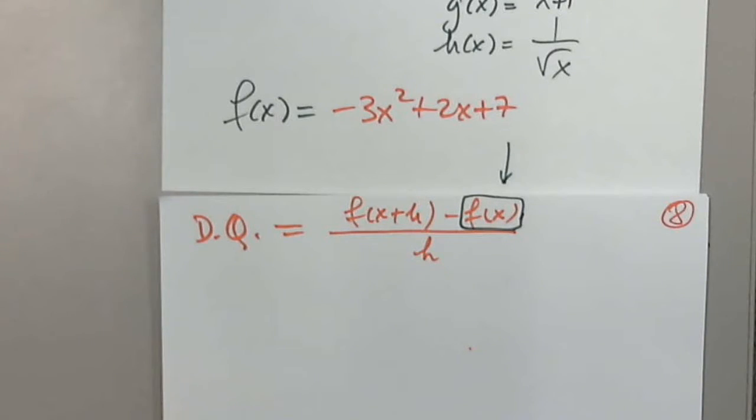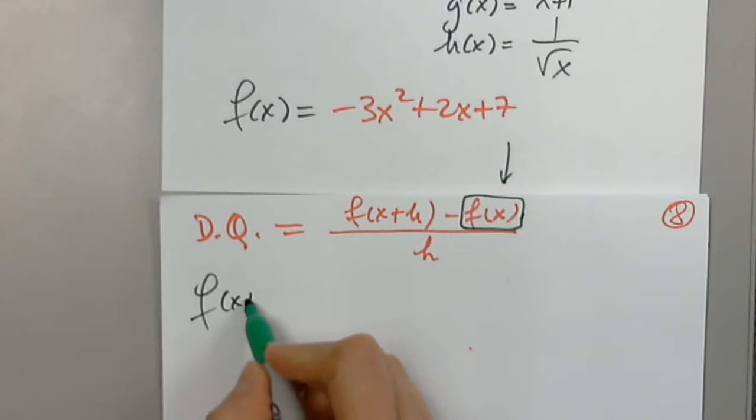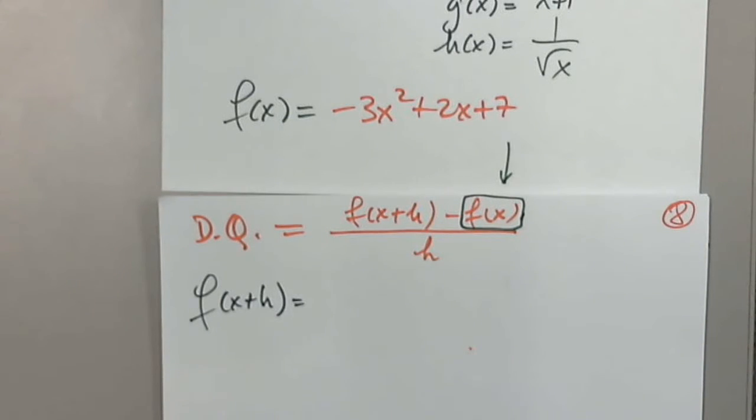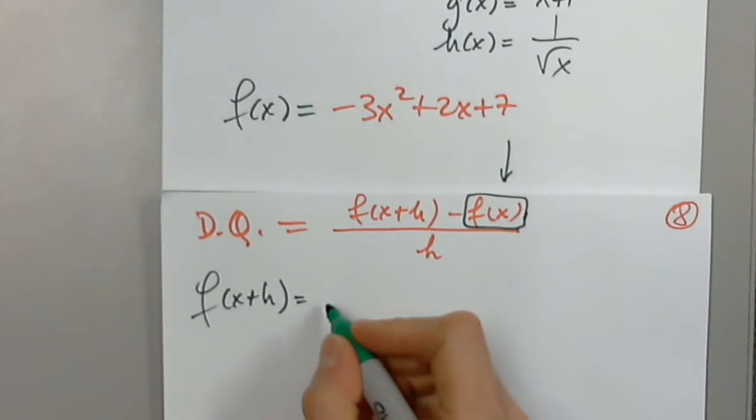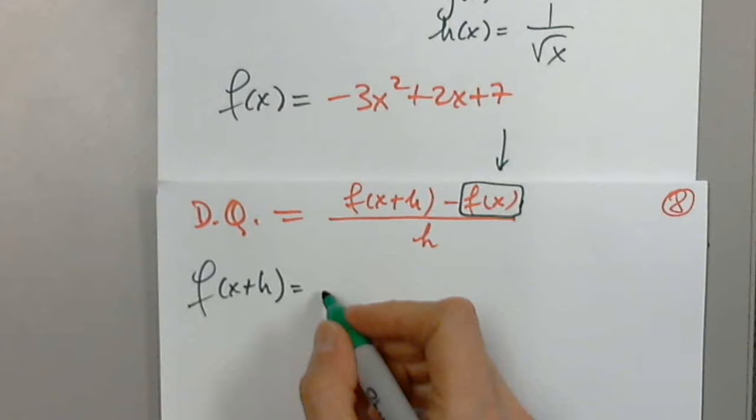How do I get that? How do I get f of x plus h? Anyone? What do I have to do in order to get f of x plus h? Give it a shot.